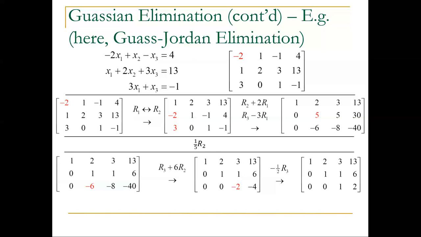And eventually you end up with this set over here. So this expression to the right here, what this just means is 1 times x1. Well, this means x3 is 2. So we find the answer.